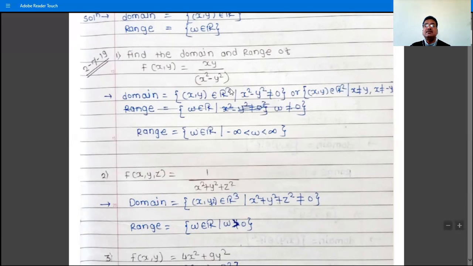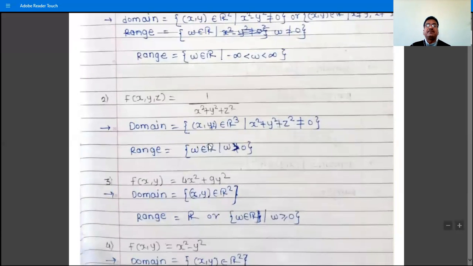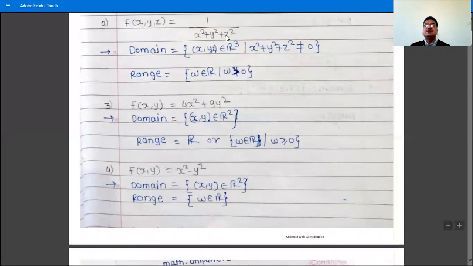Just write this answer. This denominator is not equal to 0, and range is what? w belongs to R, such that w is minus infinity to infinity, for all numbers w exist, or just write R. Then this is not equal to 0 is the domain, and range is what? This is not equal to 0. Don't write here greater than, it is not equal to 0. Here write w is not equal to 0.